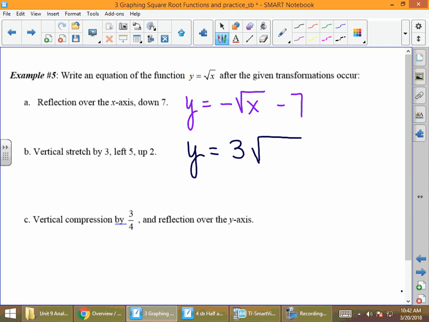It says left 5. And if we go back to the front page of our notes, we did 2 problems with left. That means it's going to be x plus 5. All of that's underneath the radical. And then finally, up 2 is outside of the function, plus 2.